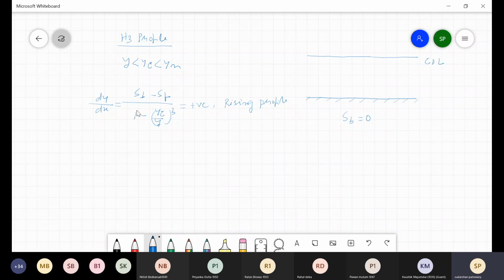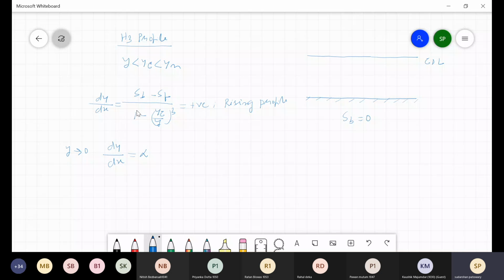Now tell me, at upstream, from where will it start? Sir, from SB. From 0, that means, isn't it? Yes, that's right. So if Y tends to 0, then dy by dx is what? Infinity, isn't it?